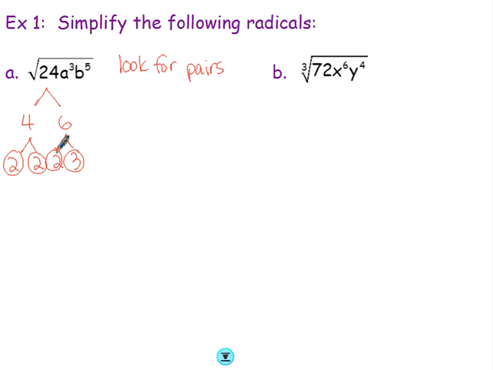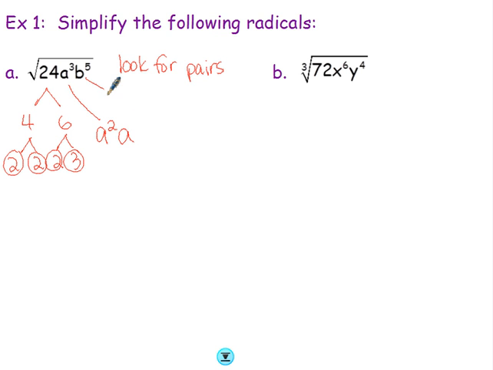Those are primes. The variables are a little different. We want to group them by 2's since we have pairs. So with this A, I have 3 A's total. 2 of them make a pair. That would be A squared. And there is 1 A left over.